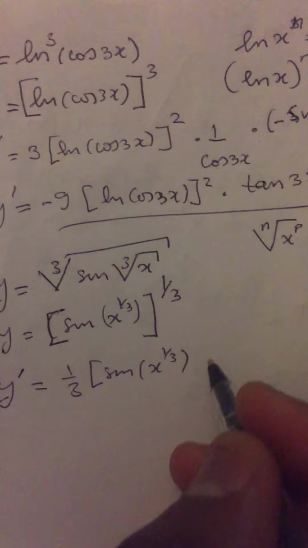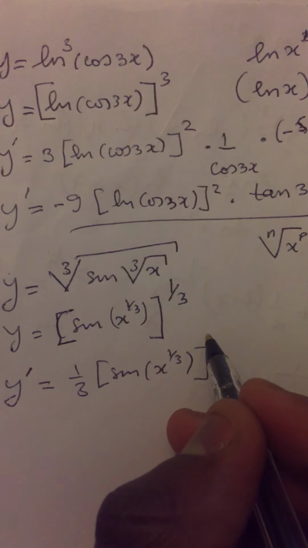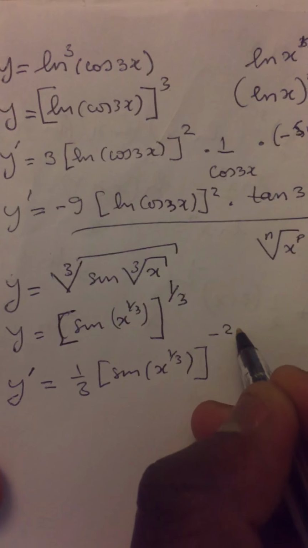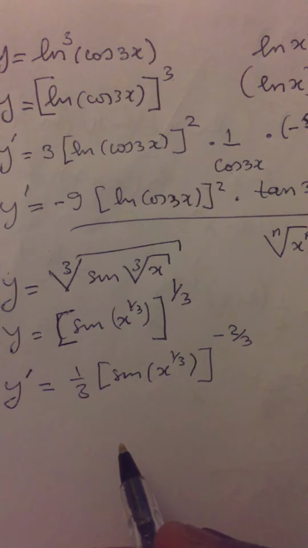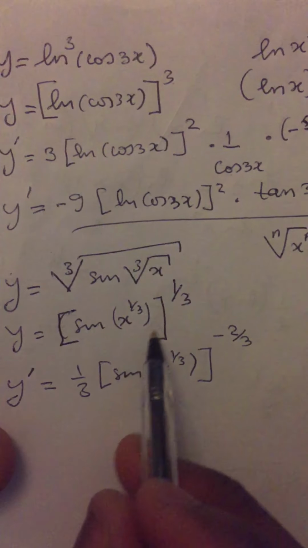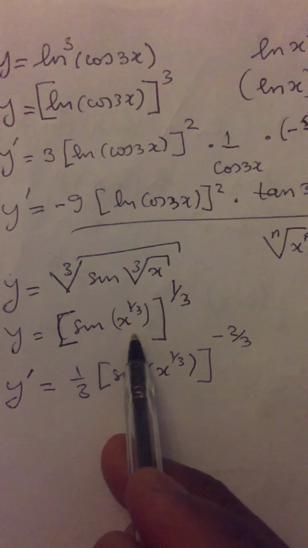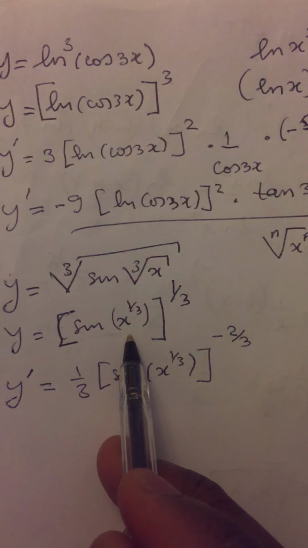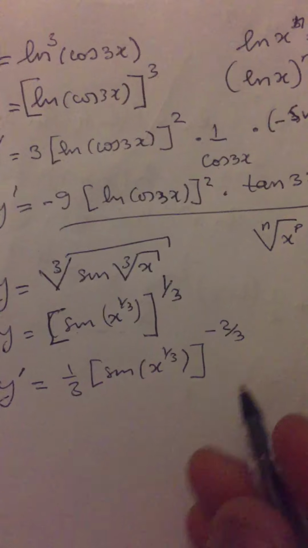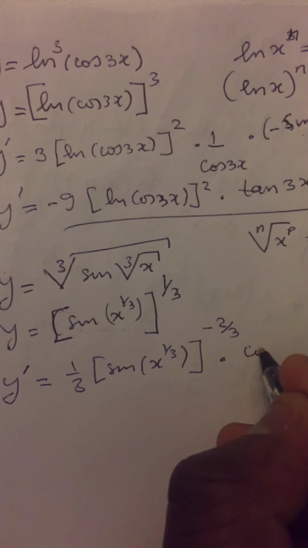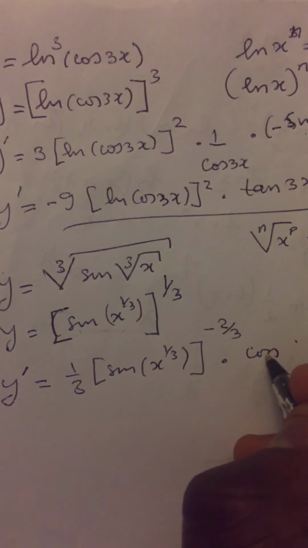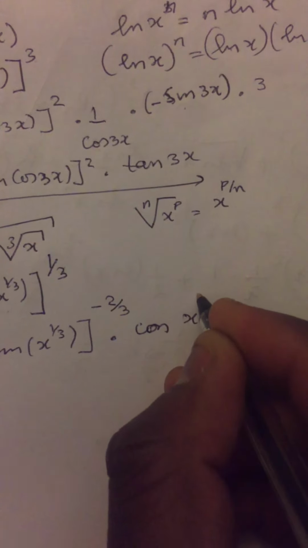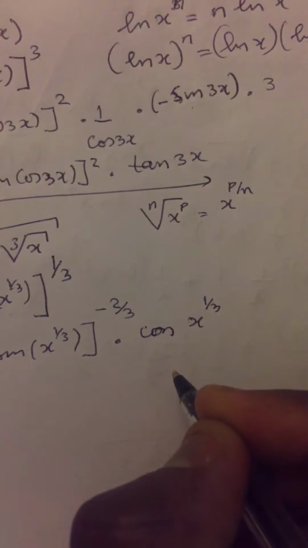Then the exponent minus 1 gives you 1 over 3 minus 1, which is minus 2 over 3. I deal with the exponent and I go inside the function. I have sine of this angle. The derivative of sine gives you cos, so I multiply by cos of that angle, which is x to the power 1/3.